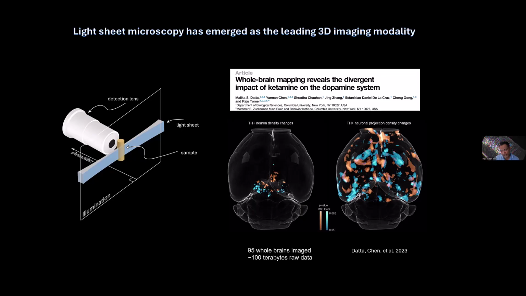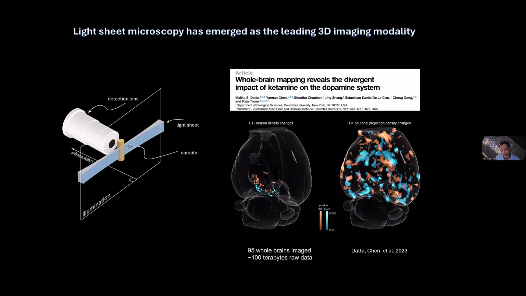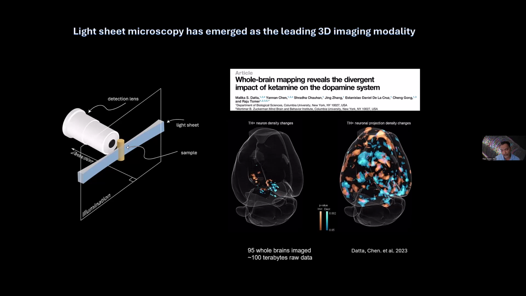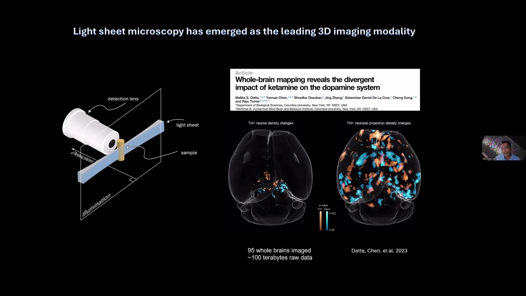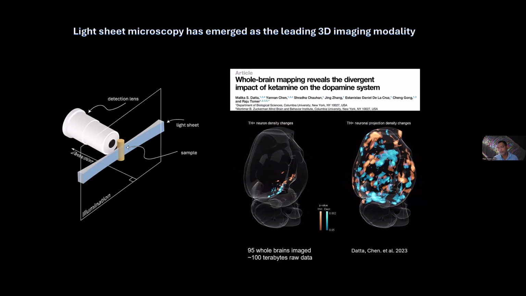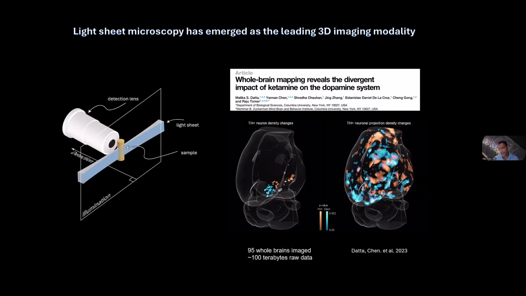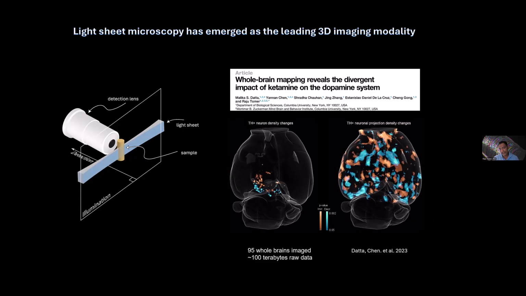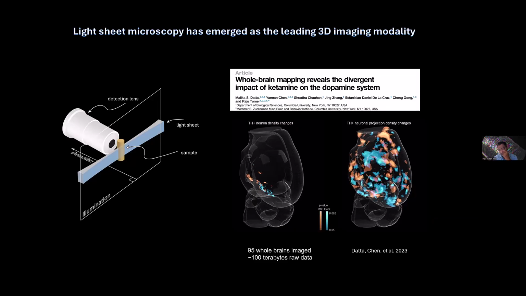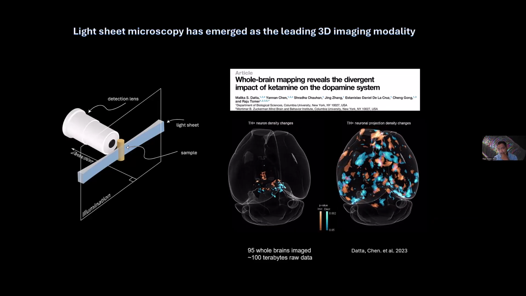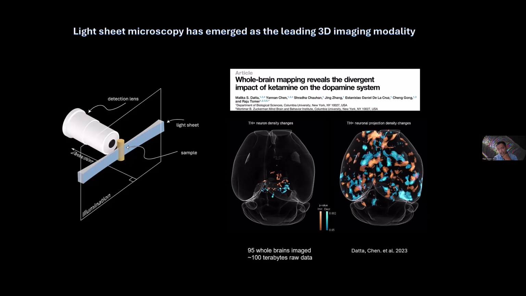In the rendering on the left, you're seeing changes in neuronal cell body density, and the rendering on the right shows changes in the brain-wide projection of dopamine neurons. Orange is the increase, and cyan is the decrease. So it's really clear that the power we get from such unbiased whole brain studies is that you can discover things that we normally cannot with targeted studies.